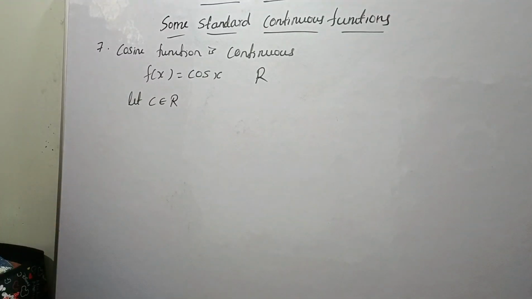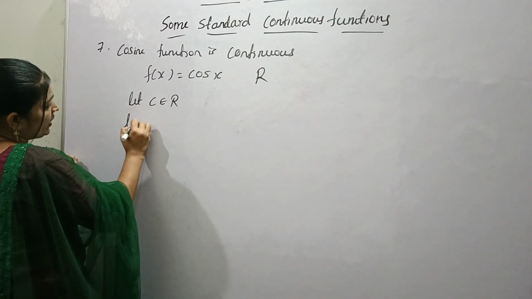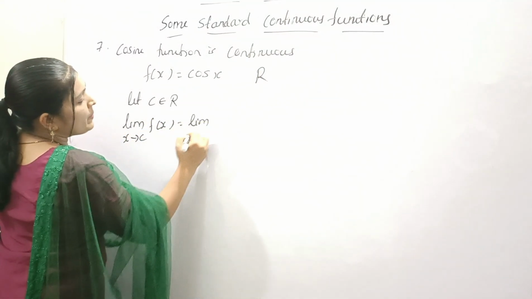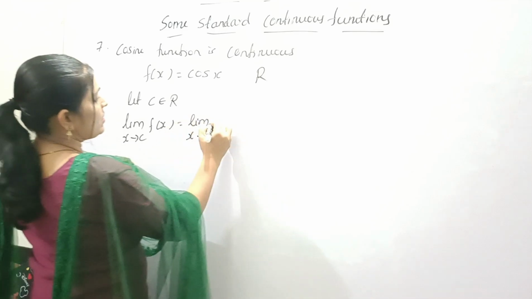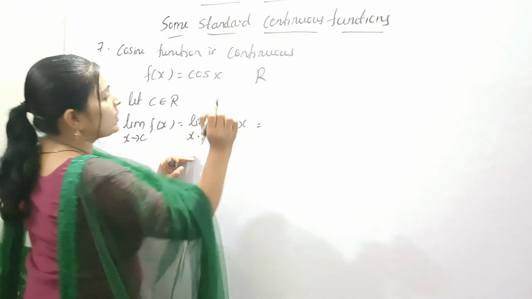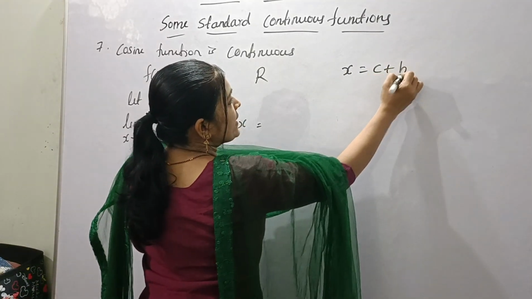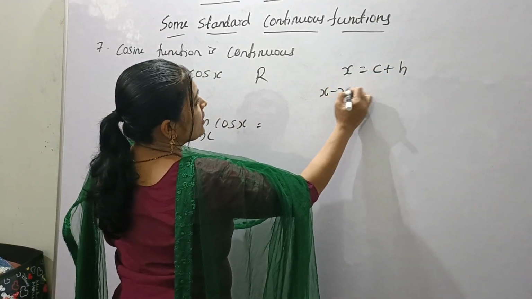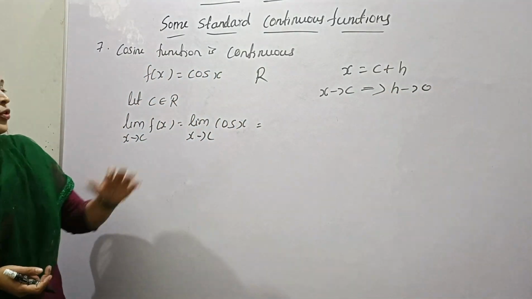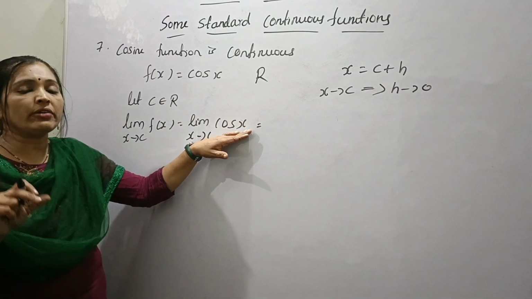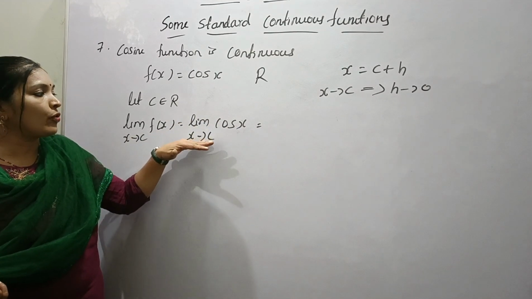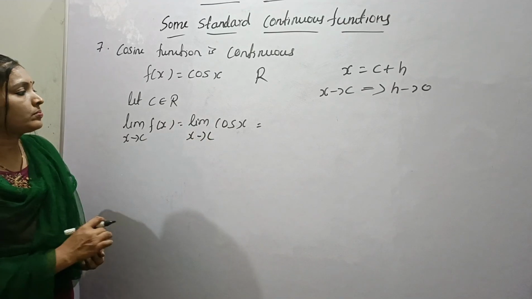First let's find limit x tends to c, f of x, that is limit x tends to c cos x. Here also put x is equal to c plus h. So when x tends to c, h tends to 0. Don't forget, when you change the value of x, this limit also will be changed.